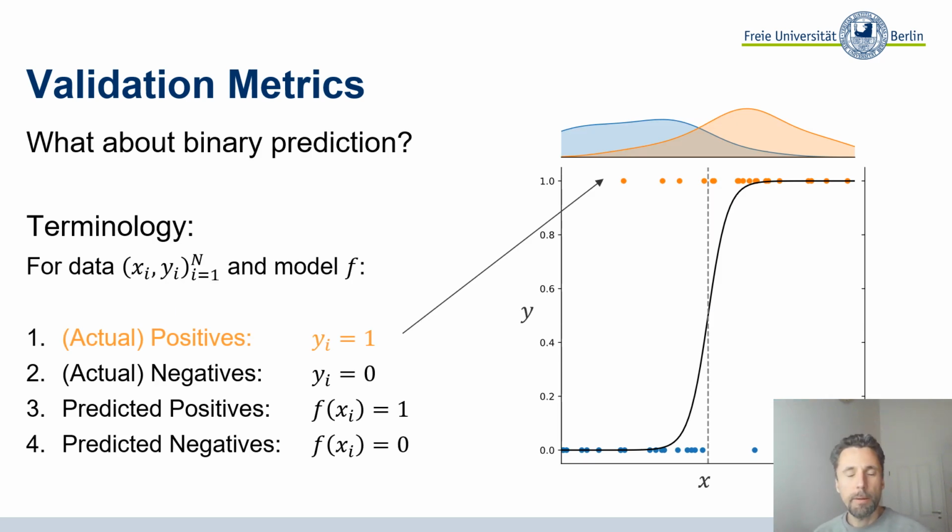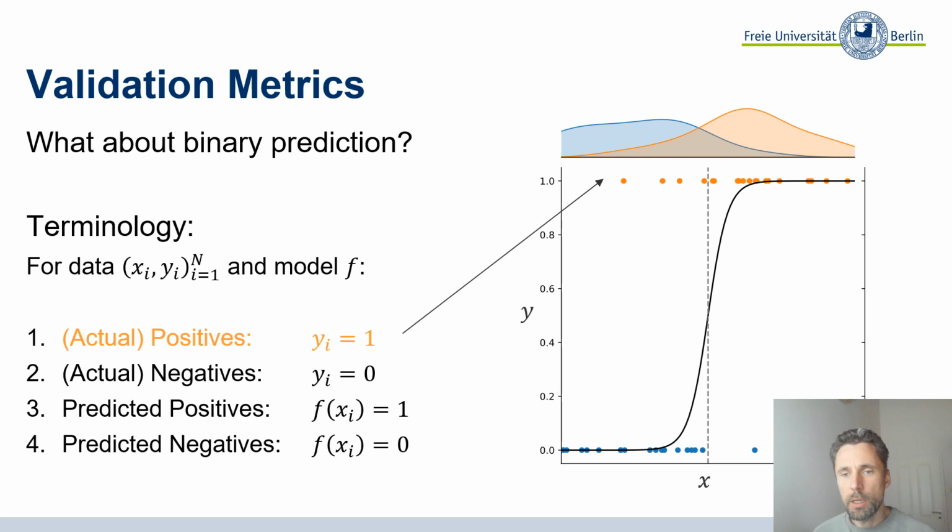Let's have a look at binary classification, just like we looked at in the previous lecture with logistic regression. Our classifier receives inputs x and returns an output that is between 0 and 1, which could be interpreted as the probability of the input x to belong to class 1.